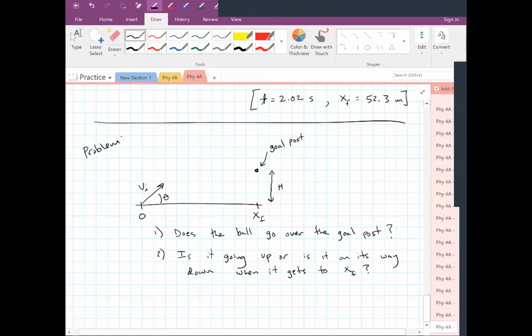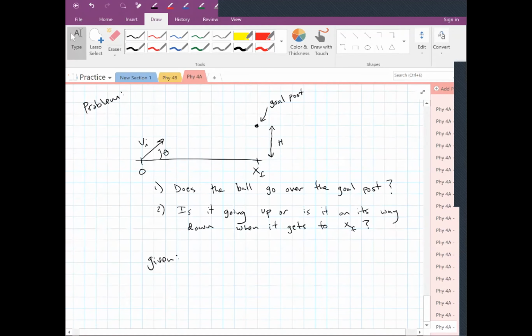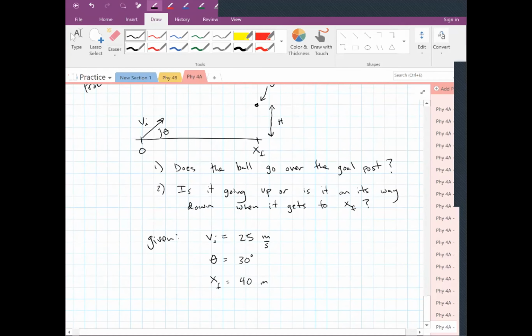Okay, so we need to be given some information here, right? So if we're given V initial is 25 meters per second, and theta 30 degrees, and X final is 40 meters away, and the height of that goalpost is 3 meters.